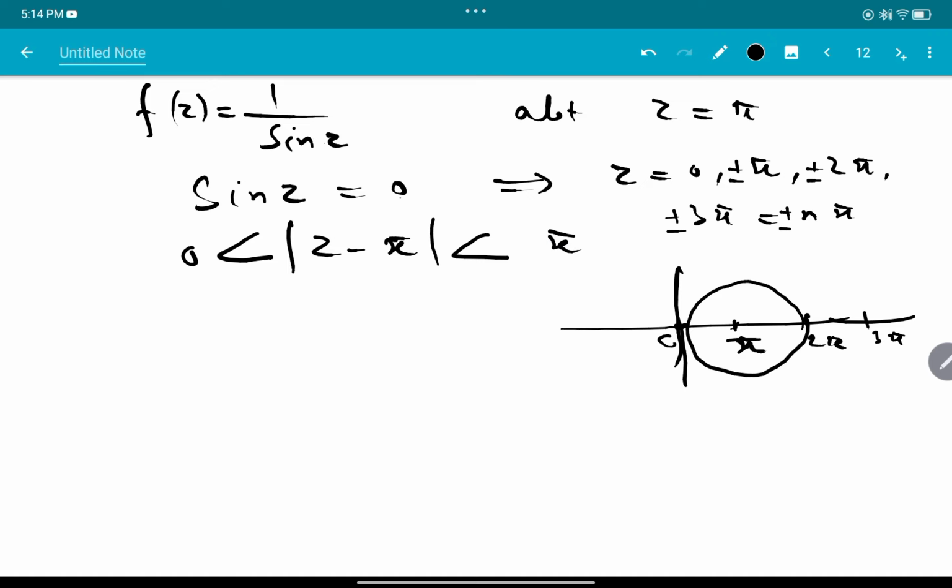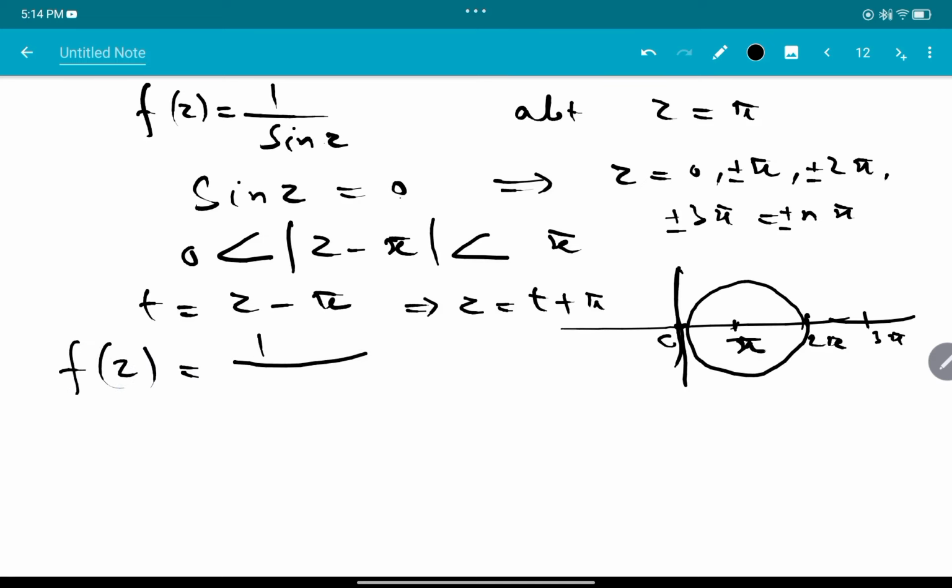I will make a substitution, which will simplify things. Let t equal z minus pi, giving z equal to t plus pi. If I substitute that here, in place of sine z I have sine of t plus pi, so it is 1 by sine of t plus pi.